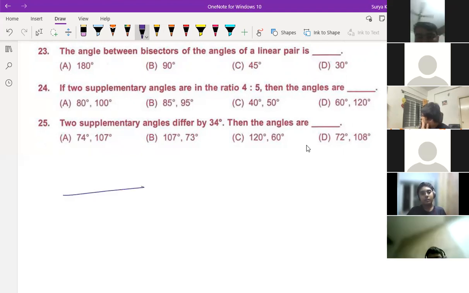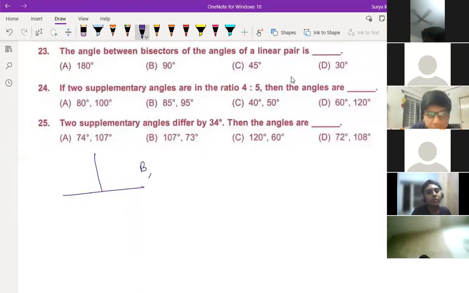Write in the chat box. You got all the 3 answers? Okay, solve all the 3 answers.